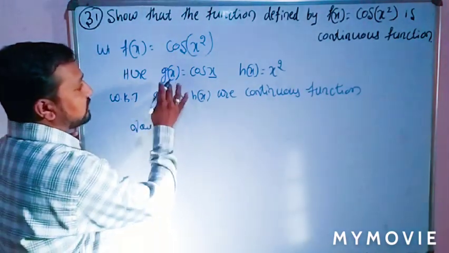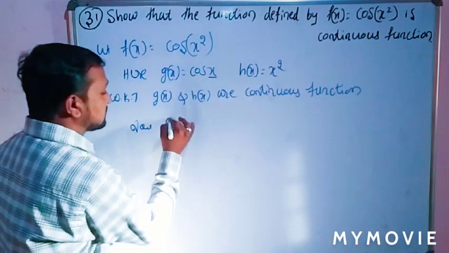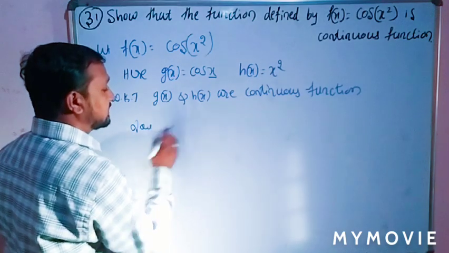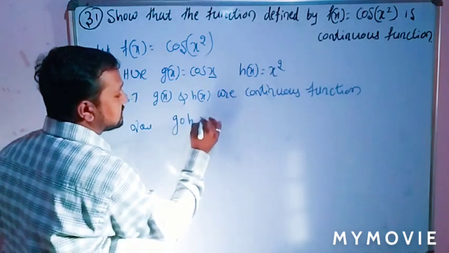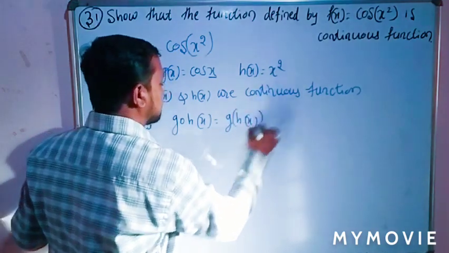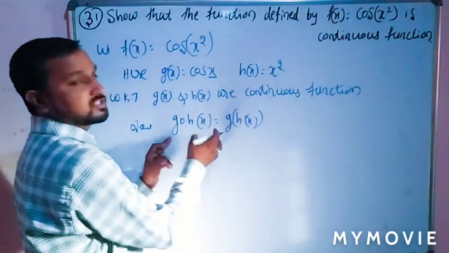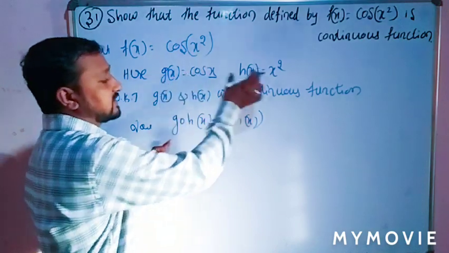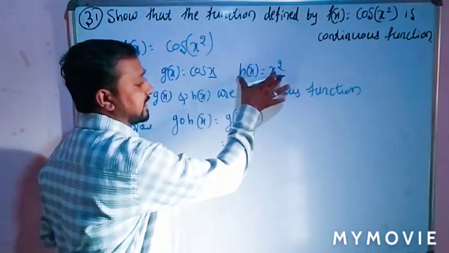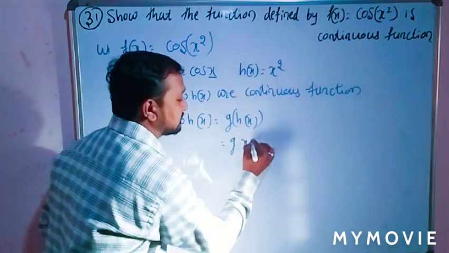Now we can take the first function as g of h of x, or g composition h of x. G composition h of x can be written as g of h of x. So g as it is, and what is the value of h of x? H of x should be x square.